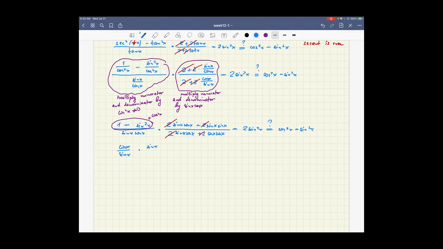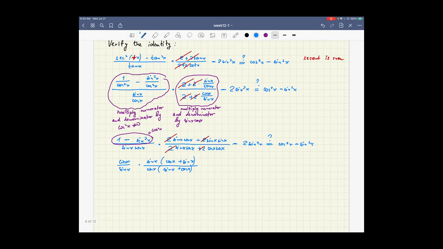If I factor out sine x in the top, I get sine x times cosine plus sine. And in the bottom, factoring out cosine x, I will get sine plus cosine in parentheses, which is very convenient because I can probably cancel by sine plus cosine. We'll think about it.